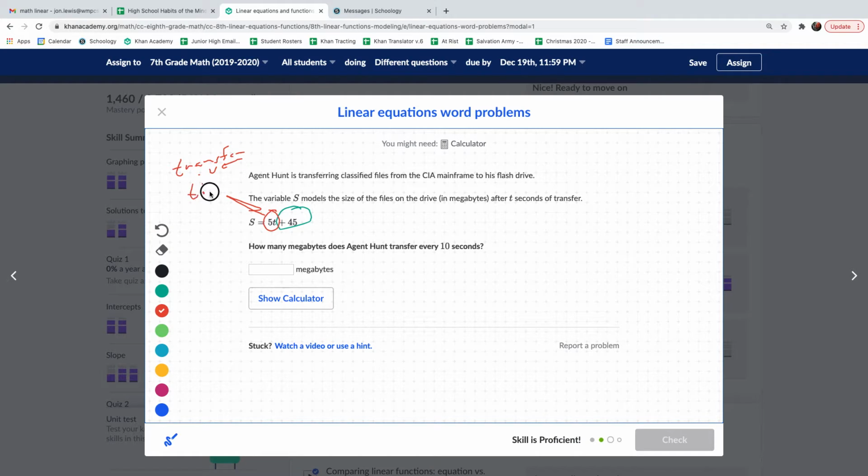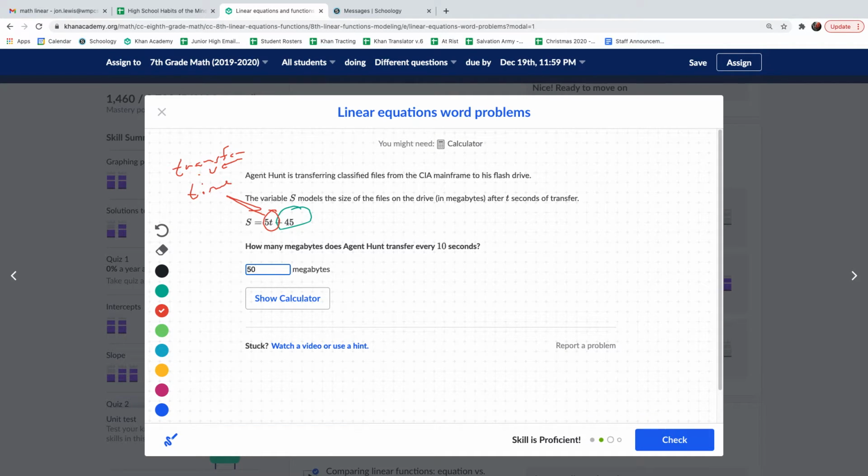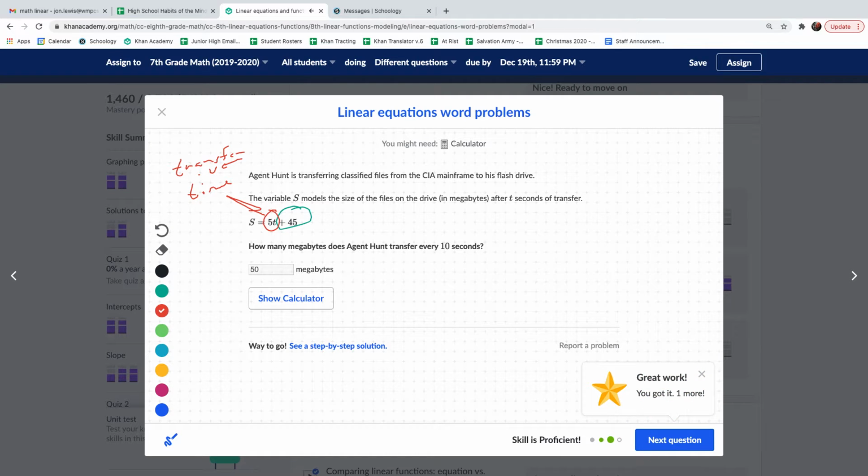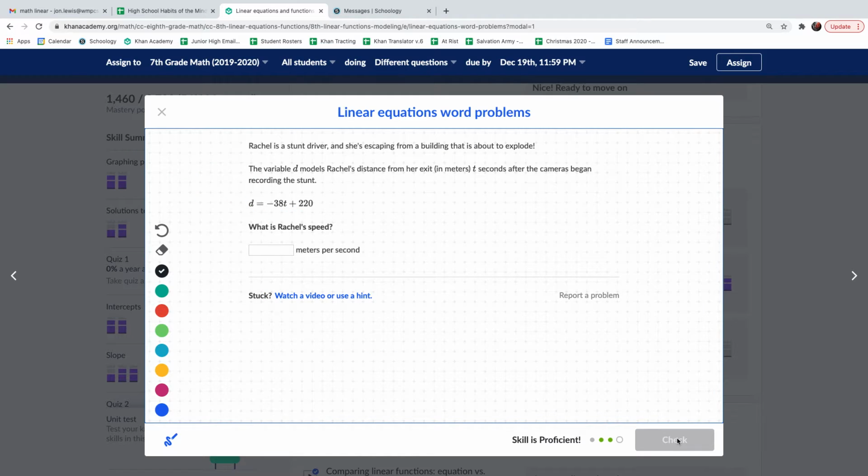So knowing those two things, we can answer this question. How many megabytes does Agent Hunt transfer every 10 seconds? Well, let's put 10 in the place of t. You get 50. That's how much he's transferring every 10 seconds.